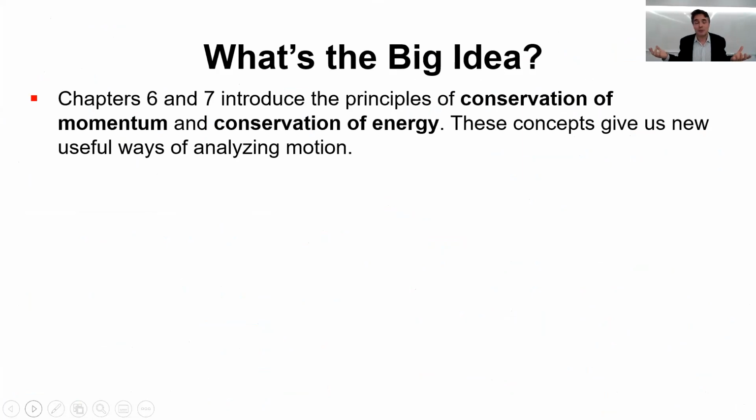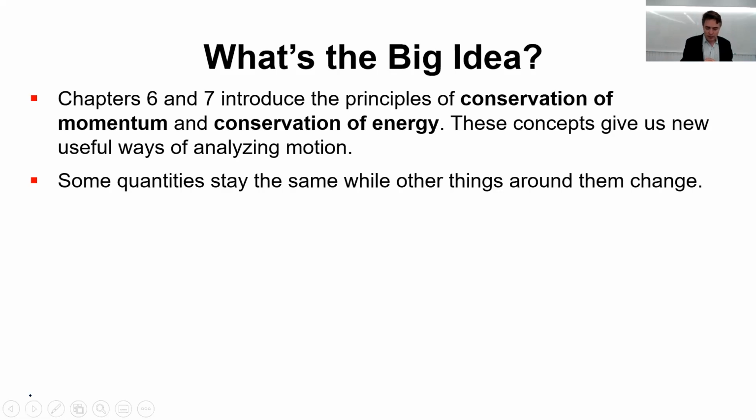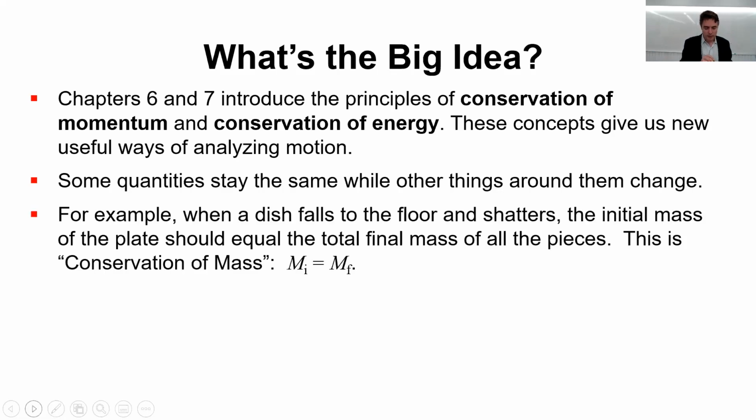A lot of people would say there's nothing more fundamental in physics than conservation of energy, okay? And conservation of momentum is probably in second place. These concepts give us useful ways of analyzing motion, and they're useful even for the Large Hadron Collider, where they're colliding protons; the first thing they do is they have to conserve energy and mass. So some quantities stay the same while other things around them change.